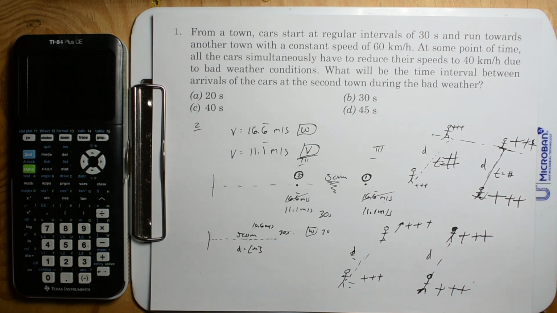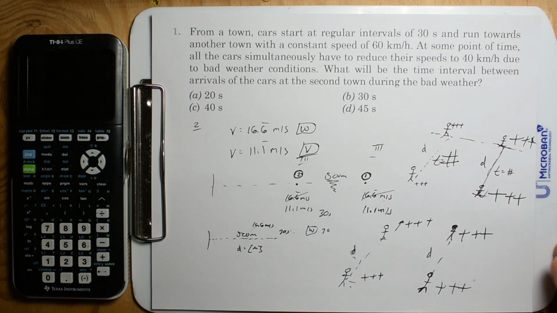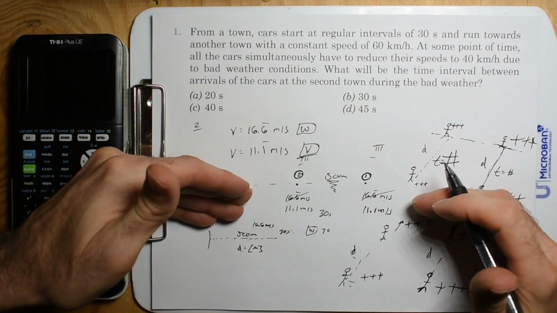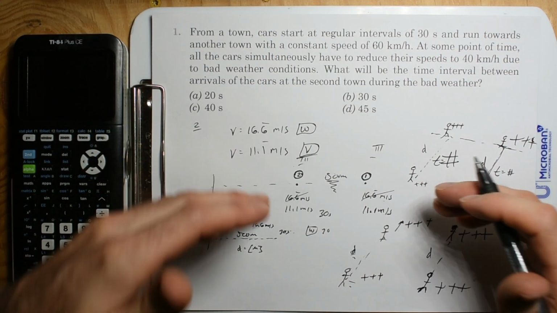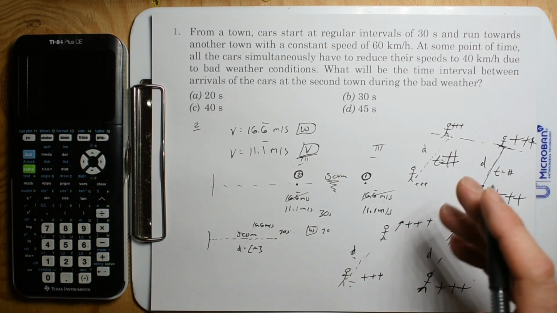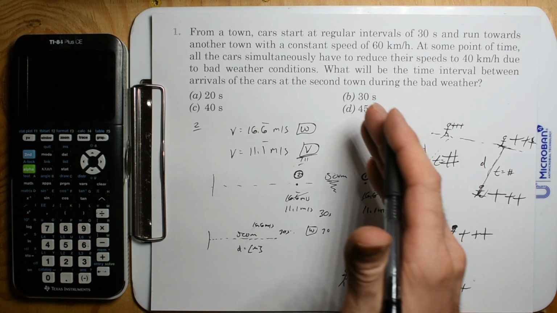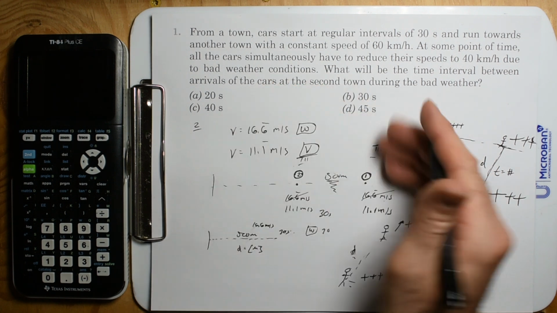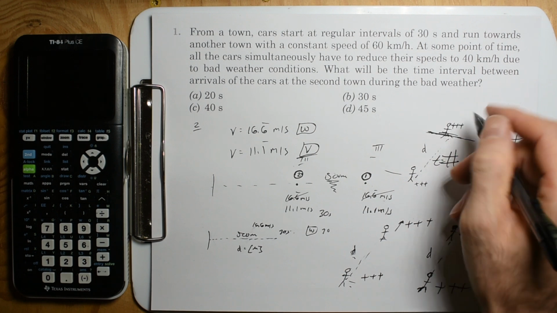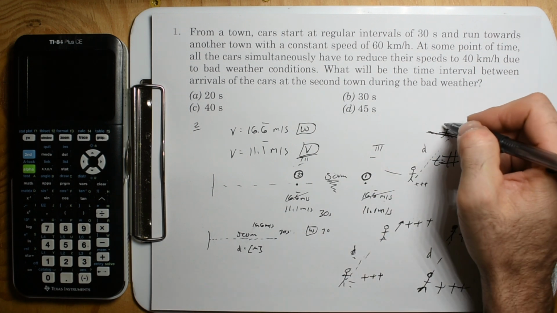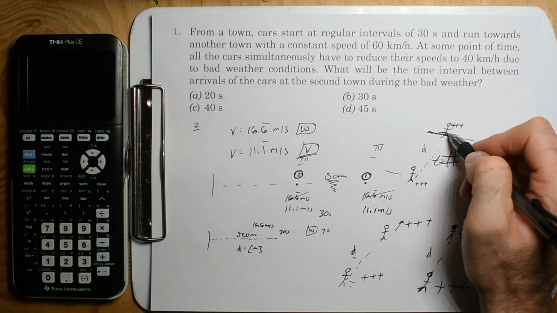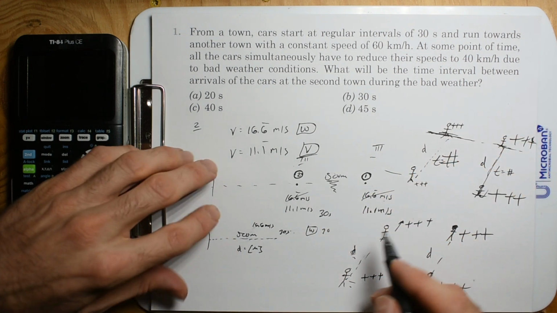And so that's what this problem shows. It shows that if you both reduce your speed at the same time, the distance between the two cars won't change, but it will influence the time at which you cross into that next town. When that first car gets into that next town, you start a stopwatch, and the second car will take a certain amount of time.